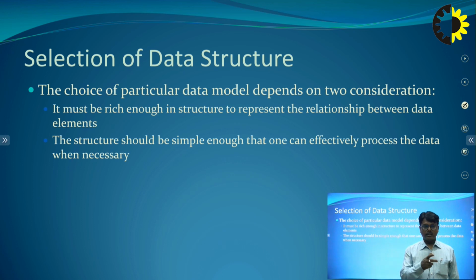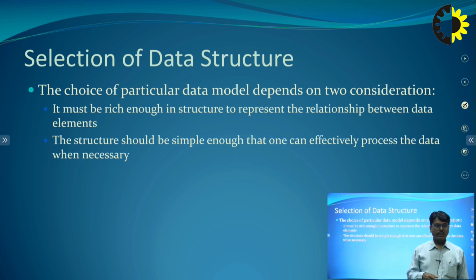While talking about static and dynamic data structures, compile time or runtime, knowing everything about the data beforehand makes it easy for a programmer or user to understand what kind of relation we have to make, or where we have to store that data. That is the important part. That's why the first point is that it must be rich enough in structure to represent the relationship between the data elements.